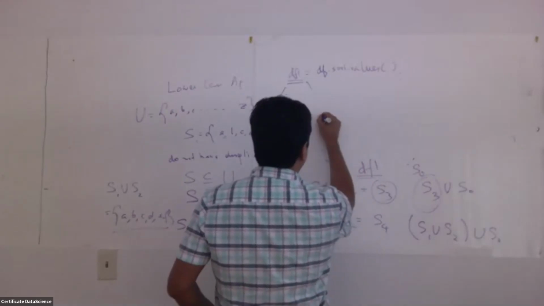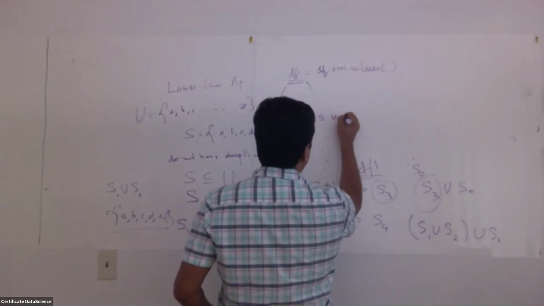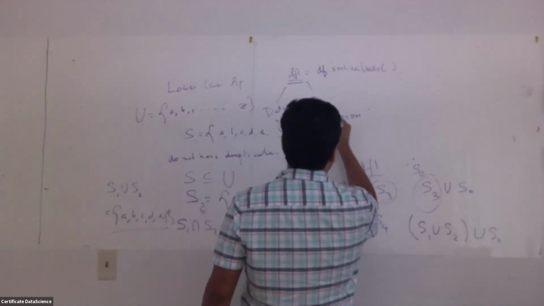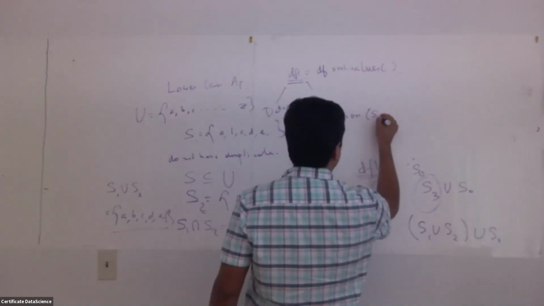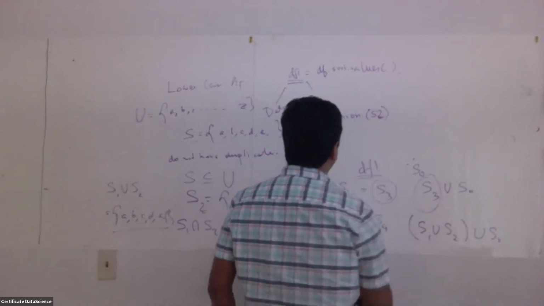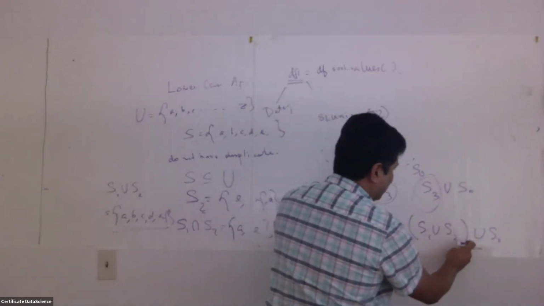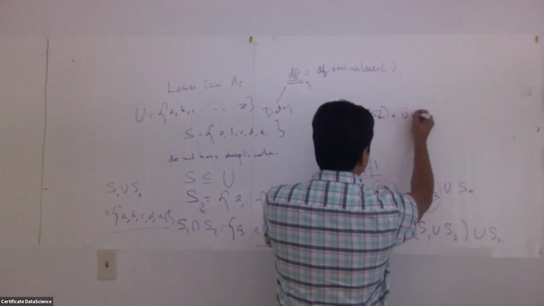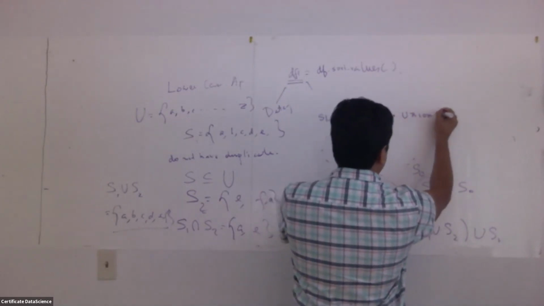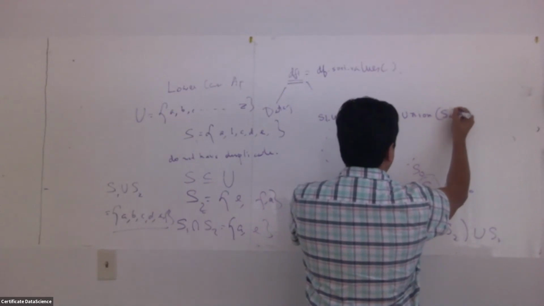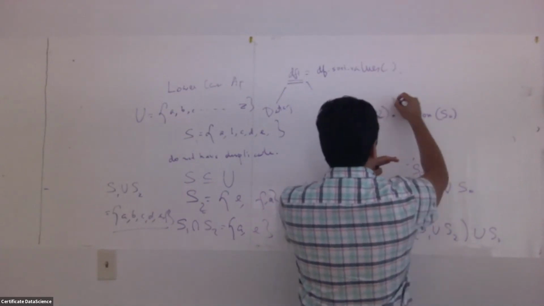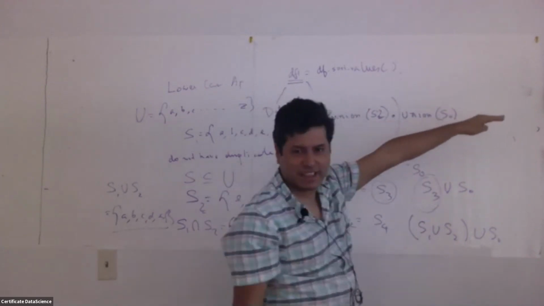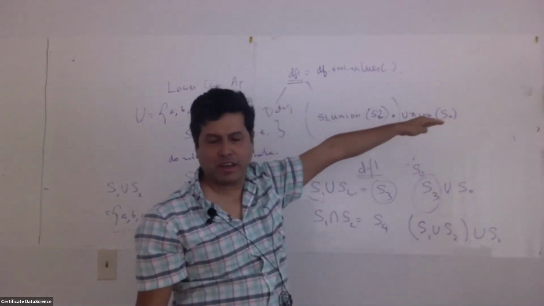S1 dot union S2, right? I got this part. Then I want to union with it again. Again, you put a dot, union S0. You see? So you can keep on nesting like this. Did it answer your question, Neil?